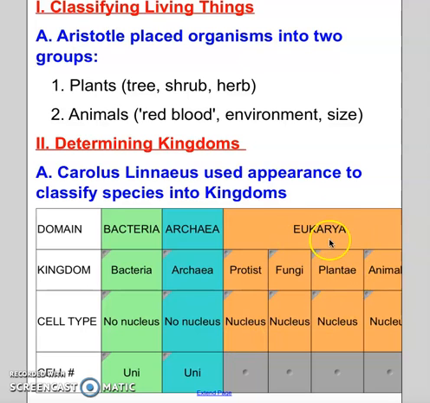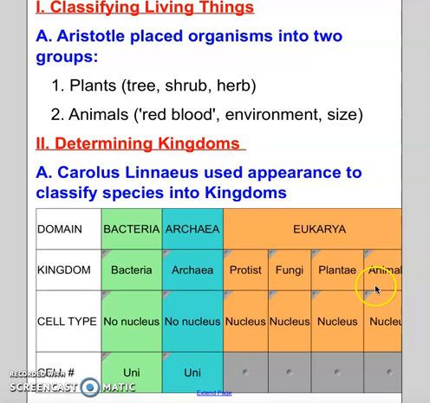Now, eukarya, these are my multicellular organisms. These 2 over here were unicellular, made of 1 cell. Eukarya is multicellular, and you can subdivide eukarya into 4 kingdoms: protista, fungi, plantae, and animalia. So when we organize living things, we can classify them into 6 kingdoms total.